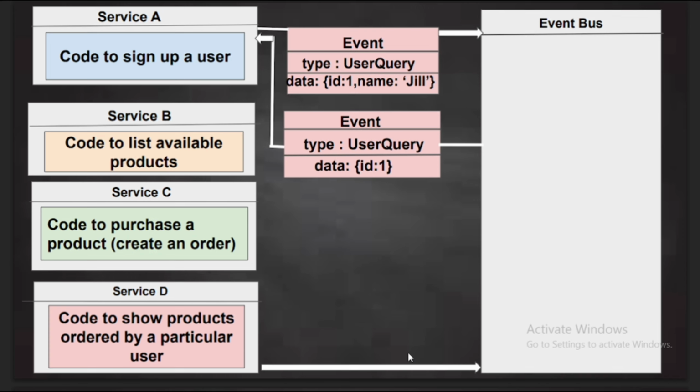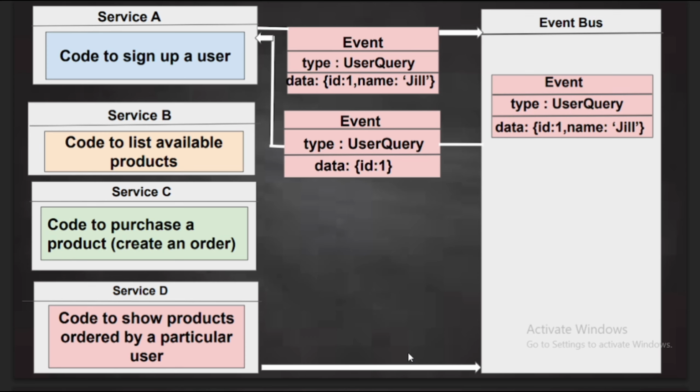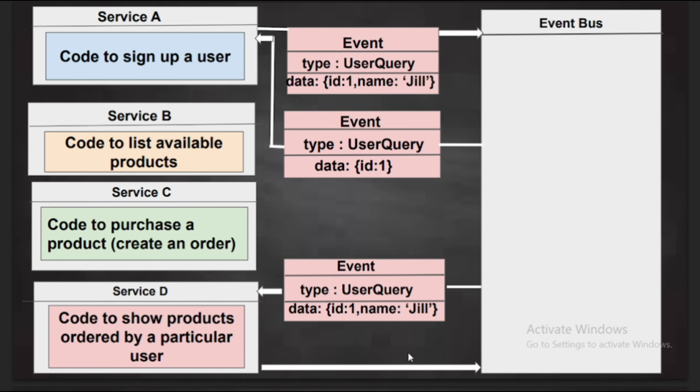This event would flow into our event bus, and the event bus could be configured so that it automatically sends an event of type user query back over to service D. We might have some code inside service D to receive an event of type user query and do some processing on it.